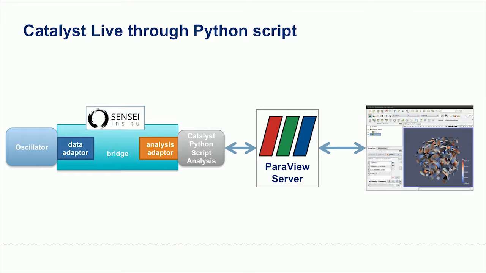And so this shows how Catalyst Live works. You've got your in situ job running on the left. It's all set up, it's running, it's cranking away, solving, dumping out stuff, rendering or computing extracts. Then Catalyst Live comes along, you start up a ParaView GUI. We're going to walk through how you do this, but you tell the GUI to connect over to the sim, and then all of a sudden the simulation pauses and you're looking at the simulation data in the GUI.